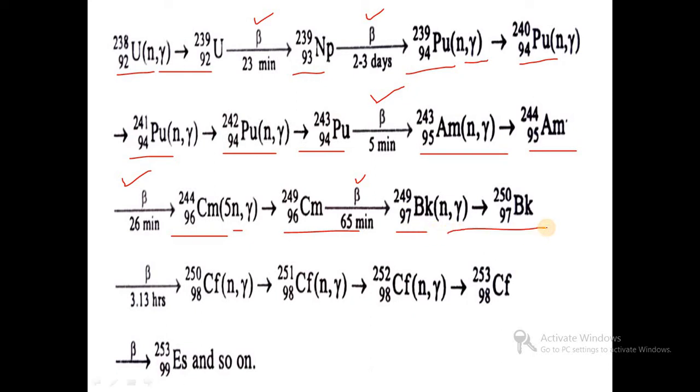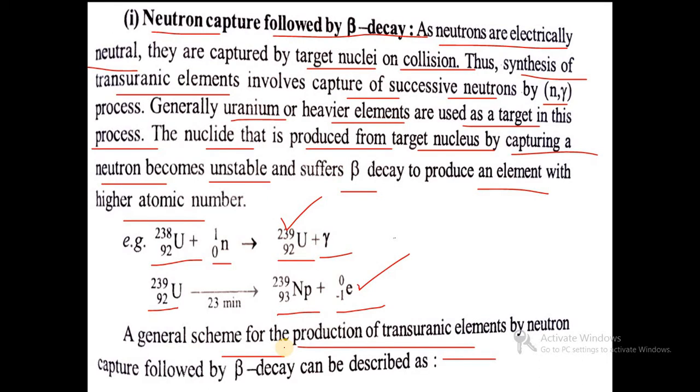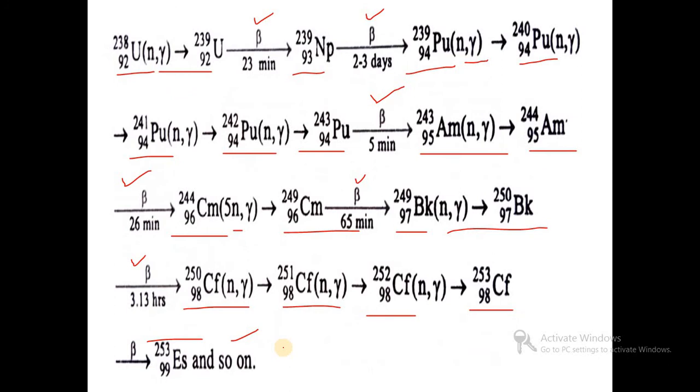Further n-gamma gives berkelium 97-250, which undergoes beta emission, and we get californium 98-250, which undergoes n-gamma, and we get californium 98-251, and further n-gamma californium 98-252, further 98-253, and after beta emission we get einsteinium 99-253, and so on. Lastly we get lawrencium. So this is neutron capture followed by beta decay. Here neutrons are captured by target nuclei and the ejectile is a beta particle in each and every step.